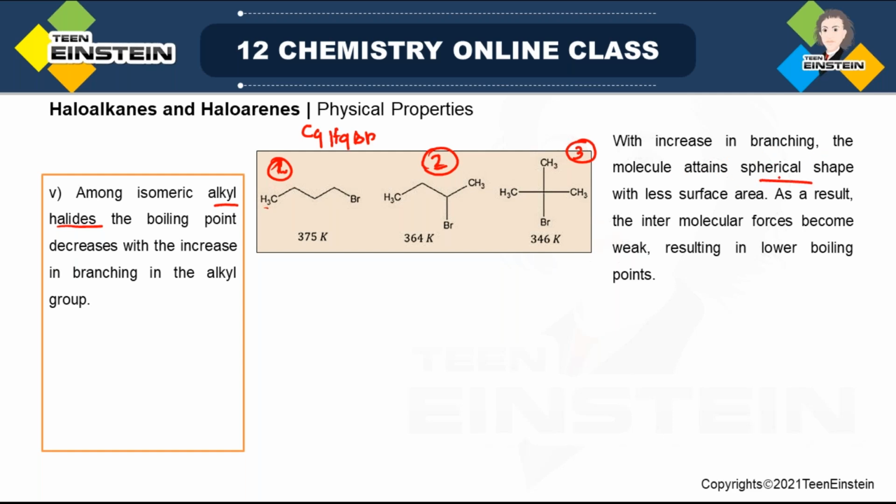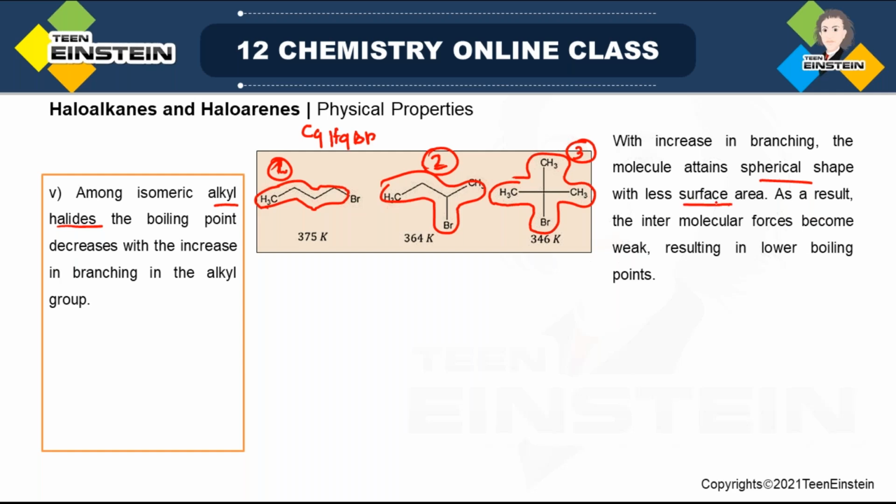Now the molecule will be more spherical in shape. Because if you look at the first molecule, it is a linear chain, right? But the second one is comparatively less linear and more spherical. And the last one, when branching is even more increased, is more towards spherical shape. So when it has more and more spherical shape, that means surface area is less.